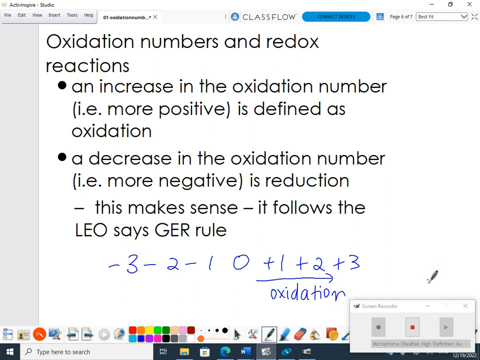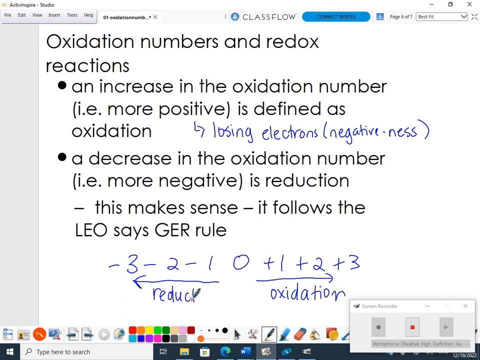Or if you would prefer to think of it with the LEO, then if you become more positive, that is electrons losing negativeness. And then a decrease in oxidation number, which would be more negative, we would consider to be a decrease.